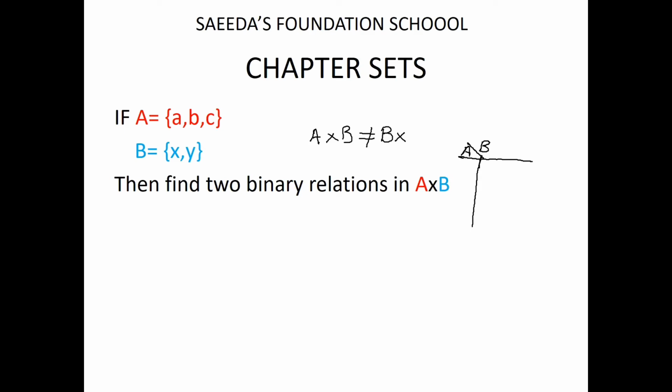So over here you must remember the first set will be written on this side in the vertical column. The second set is going to be written on the horizontal column, and the Cartesian product is also going to be different if the order is changed. So the elements of set A are A, B, C. Elements of B are X and Y. So let's make the ordered pairs.